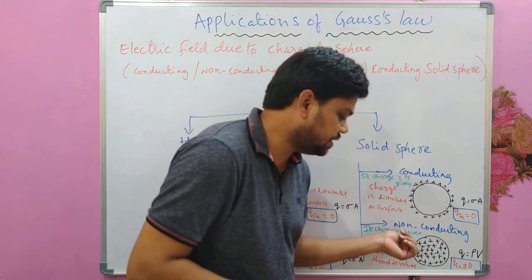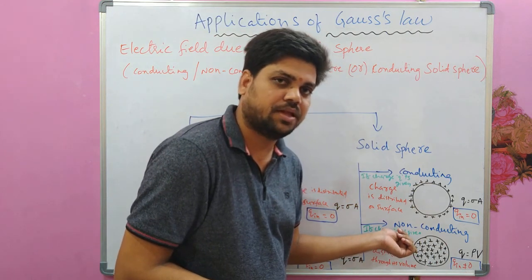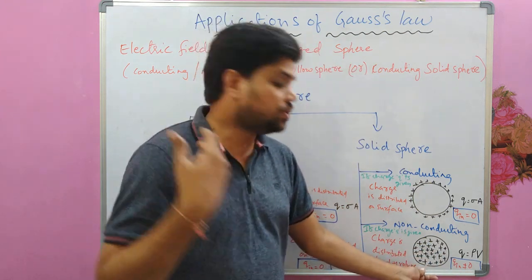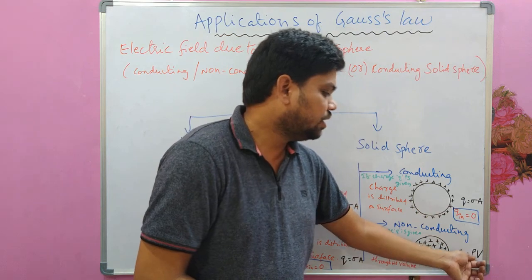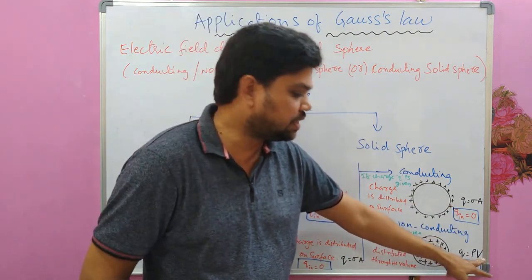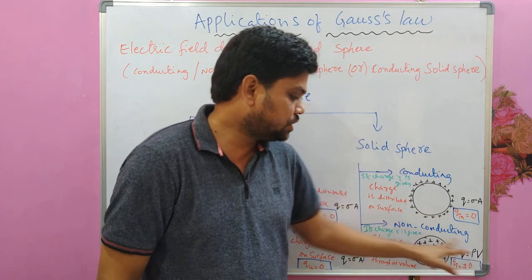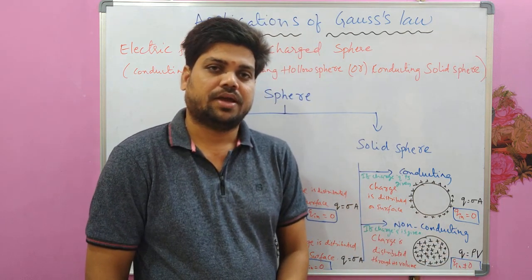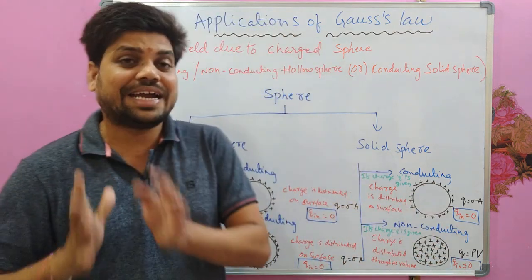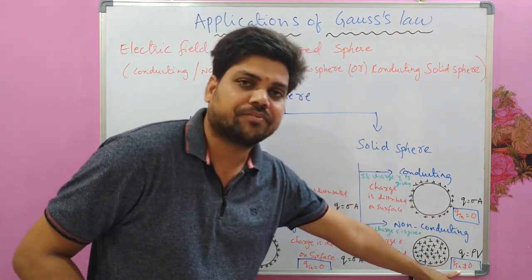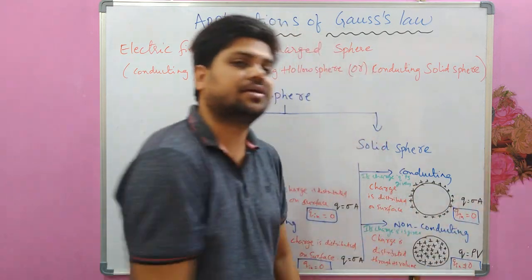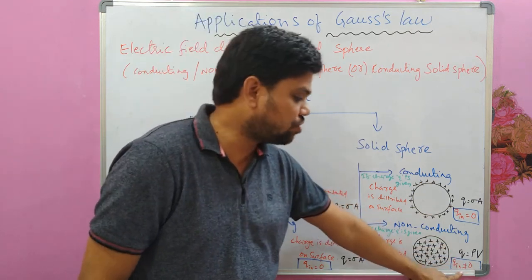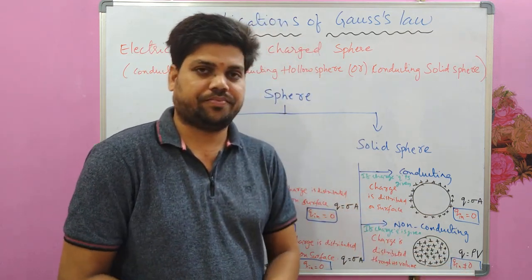Whatever charge is given, Q charge for example, is distributed through its volume as shown in this picture, and the total charge can be found using the volume charge density multiplied by the total volume of the sphere, Q equal to rho into V. And in this case, Q inside is not 0. Every Q is inside only. The charge that is given is distributed inside only. Q inside is not equal to 0.